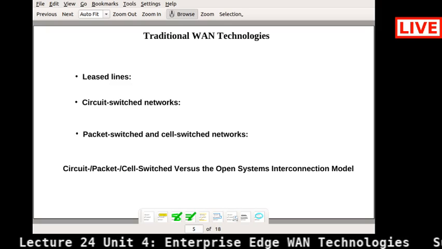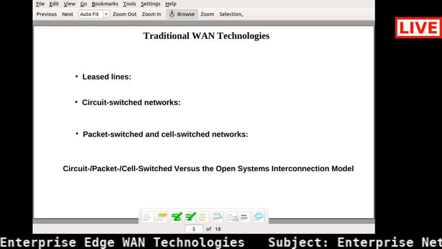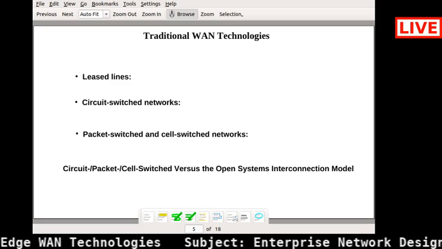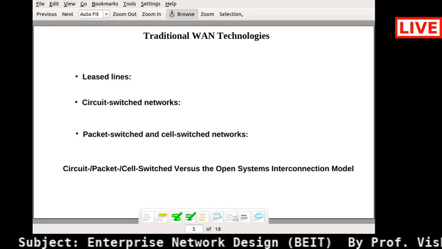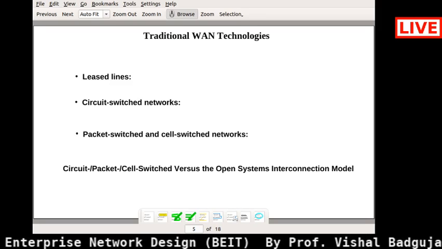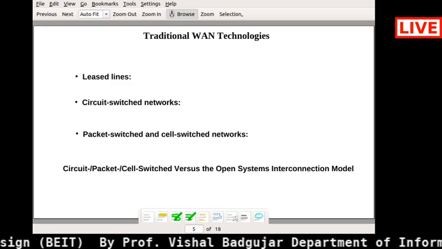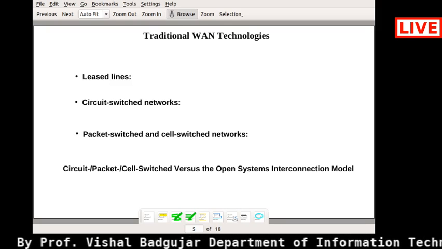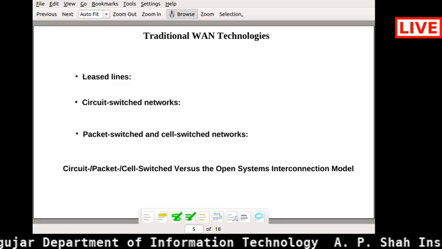These leased line connections usually give you an asynchronous transmission, based on your point to point connection, as and when the transmission is required. That's why the leased line is one of the traditional WAN technologies.